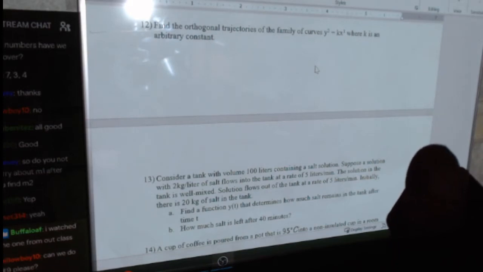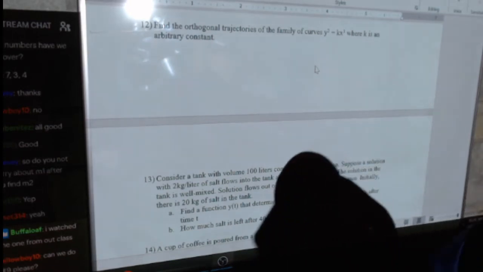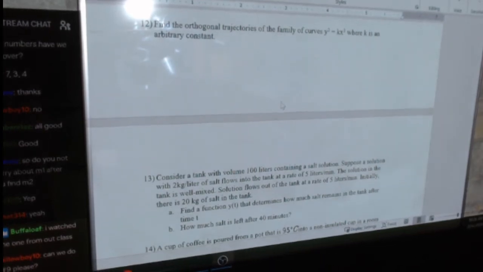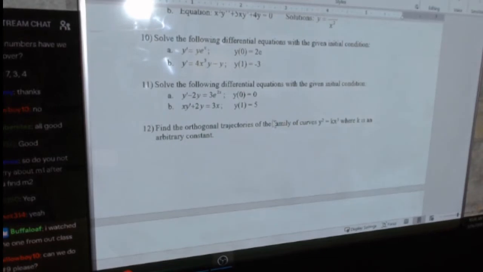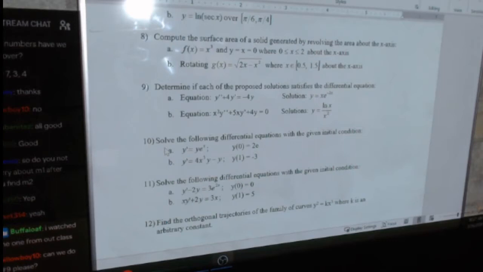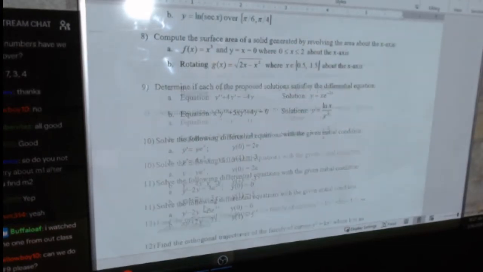Yesterday, I know that I did the Newton's Law of Cooling problem, which is 14. I also did 10b. I think I did 11b.